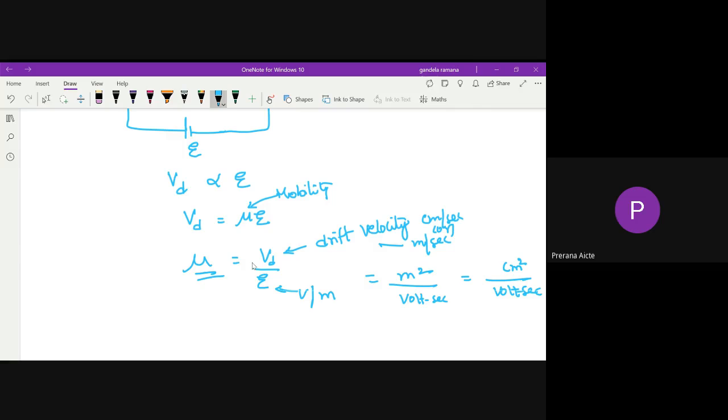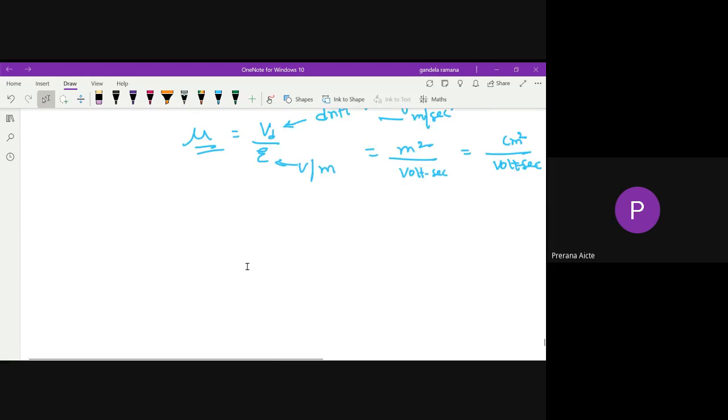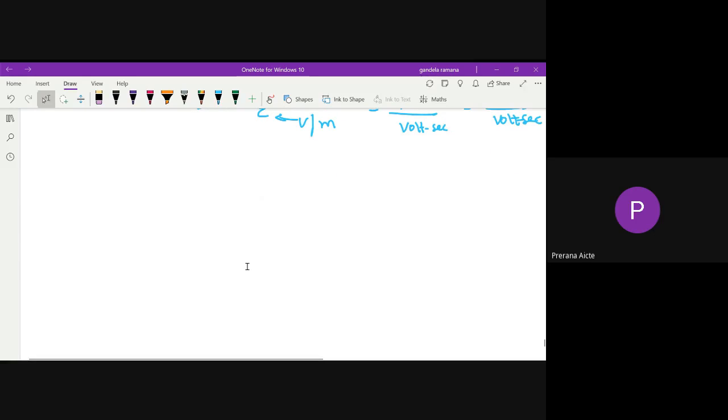Next one, charge density in semiconductor. We want to calculate minority carriers. For example, N type.